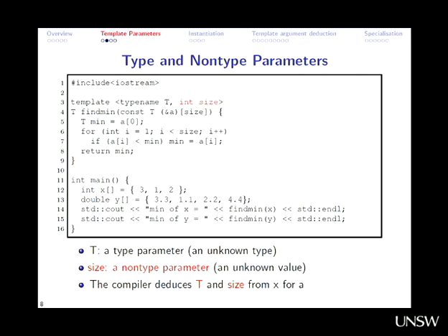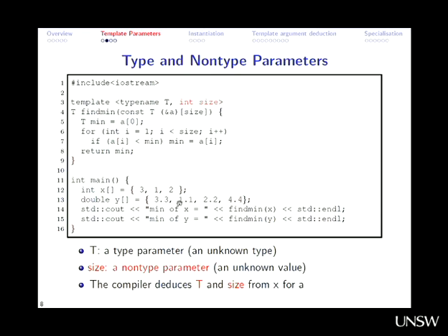What is interesting is down in the main function down here. We have an array of ints and we have an array of doubles. The array of ints has 3 items. The array of doubles has 4 items.